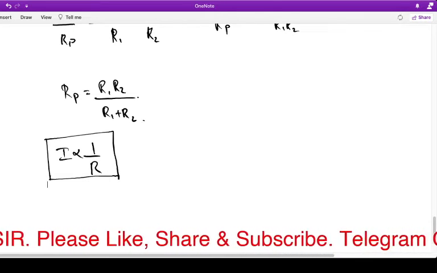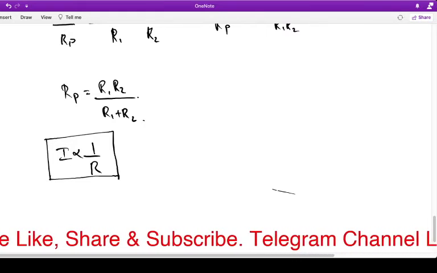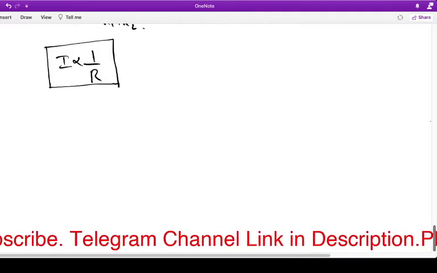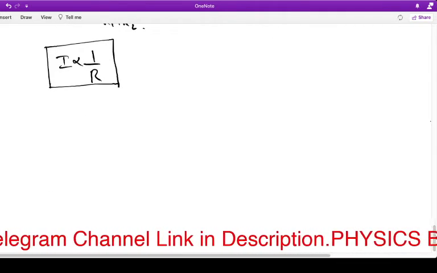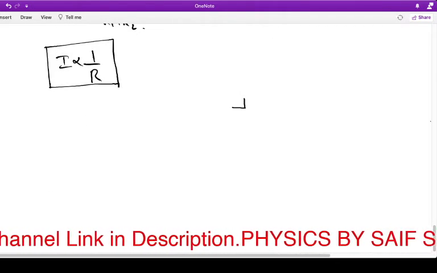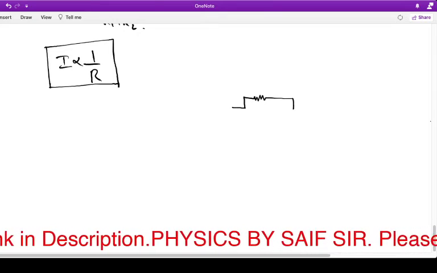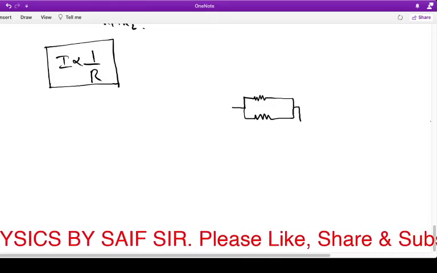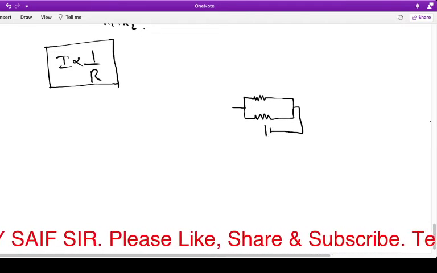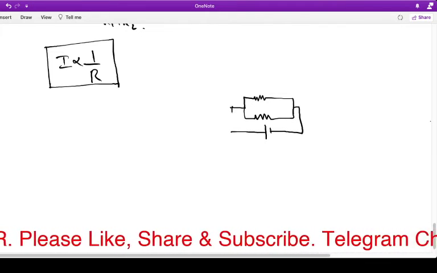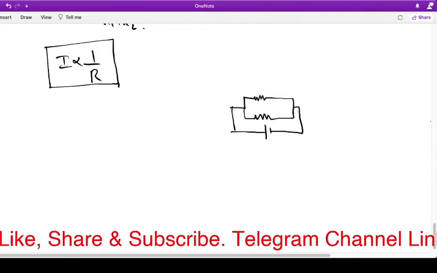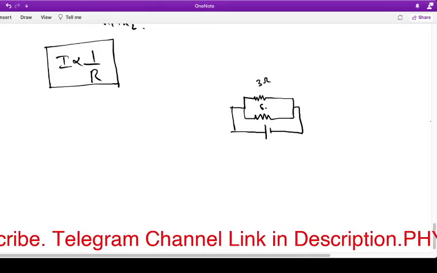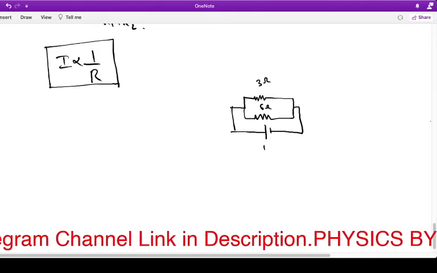Now based on this concept, we will solve one problem here. Okay, so first R1 we'll take as 3 ohm, R2 we'll take as 6 ohm, and voltage is 18.